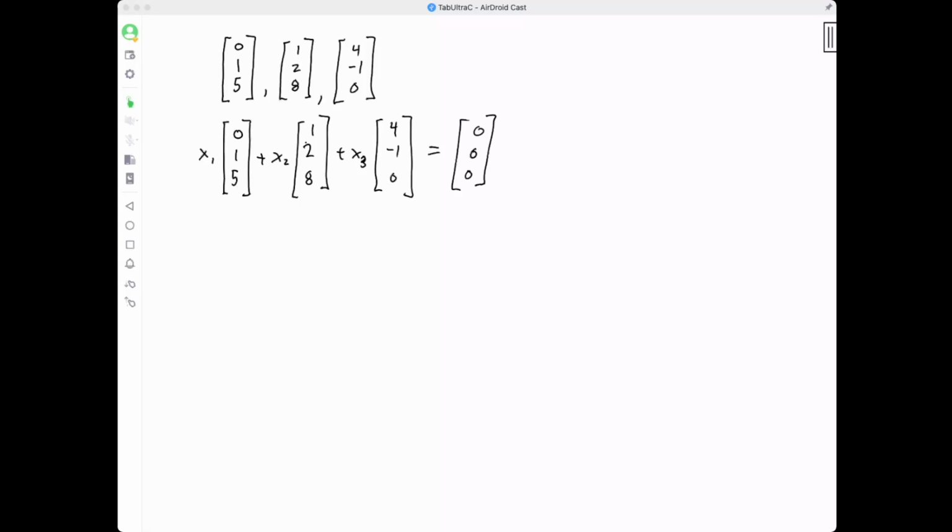So let's think about how else we could represent this. This is a linear combination of vectors. We can represent this as a matrix equation: the matrix 0, 1, 5, 1, 2, 8, 4, -1, 0, times x1, x2, x3 is equal to 0, 0, 0.